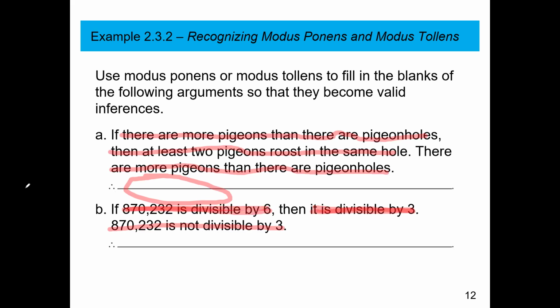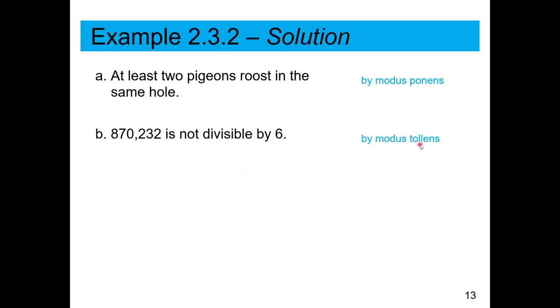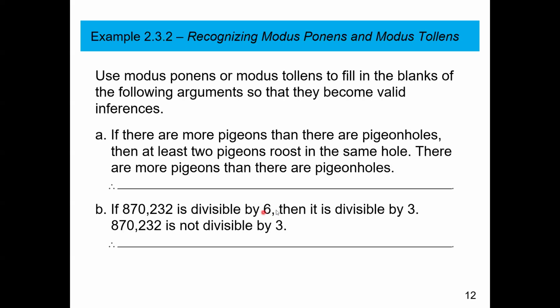It also must be false, because that is using the idea of modus tollens, or better, the idea of doing the contrapositive. We can flip the order, remember, if I flip the order and negate them, it's the same thing. So saying something is not divisible by 3 means it is not divisible by 6. So if it's not divisible by 3, then it's not divisible by 6. So we can flip them the other way around.